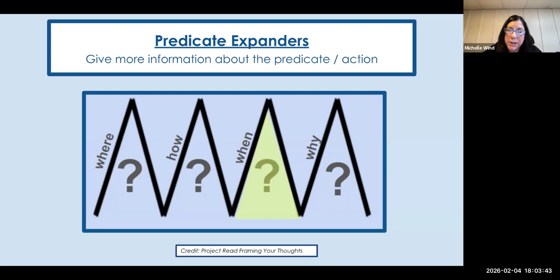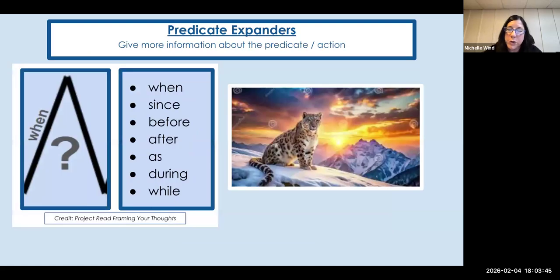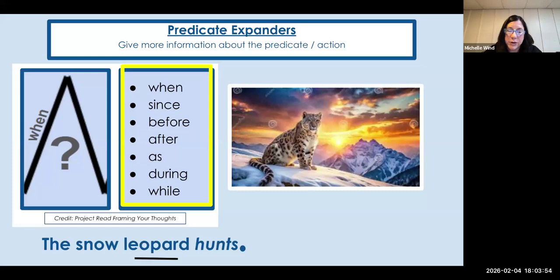Another expander is the when expander. Here are some more words you can use to anchor these types of expanders: when, since, before, after. So again, there's your bare bones sentence. Using the word as, the snow leopard hunts as the sun rises. And that's the predicate expander for when, and the starter word is as.